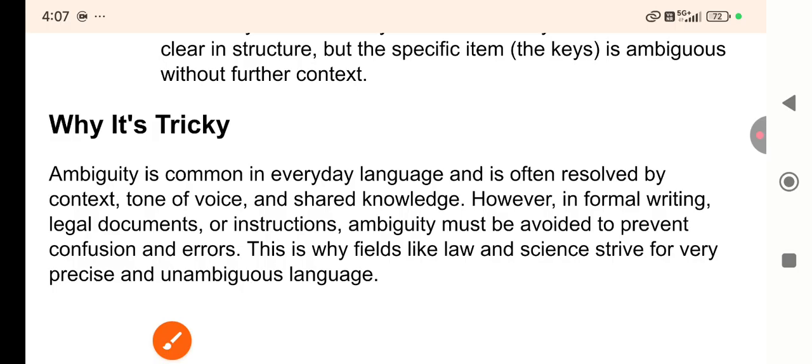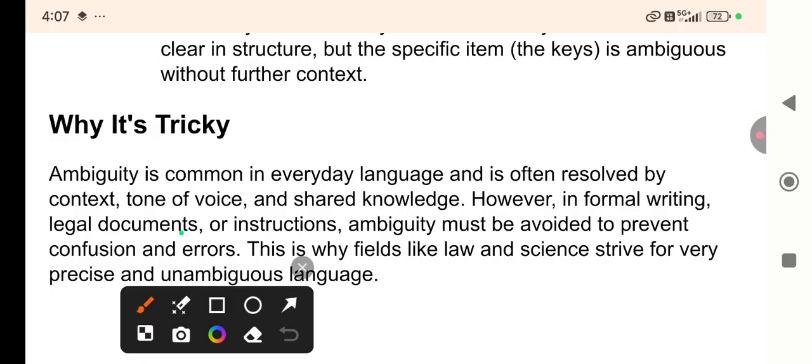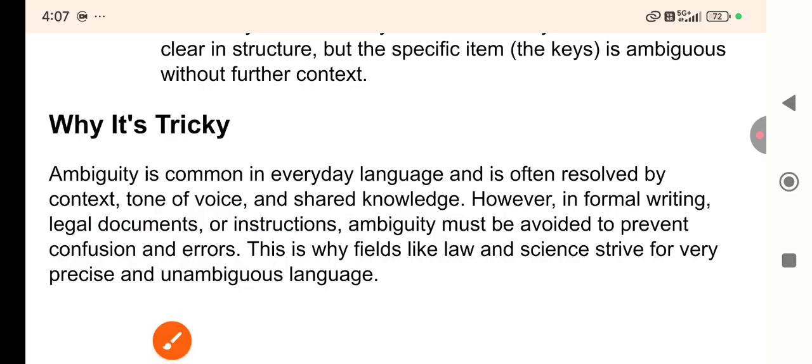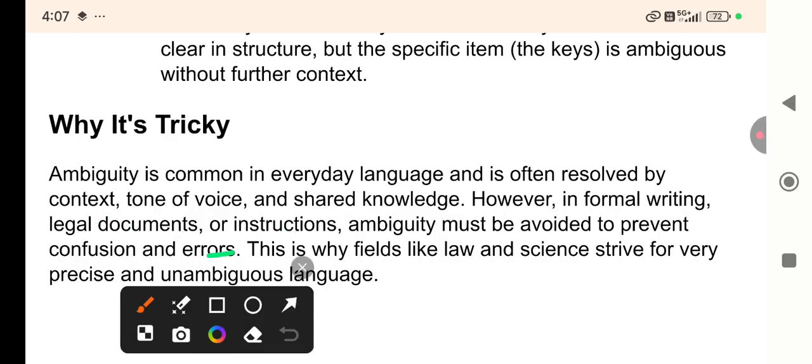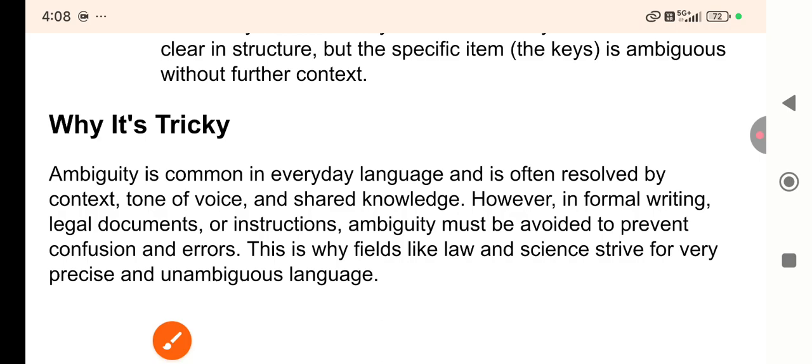However, in formal writing, legal documents, instructions, right? Ambiguity must be avoided, for medical and all, to prevent confusion and errors. Because in medical, in cosmetics, in law, if there is confusion, then it will affect the customer, or one word or one misinterpretation may cause lots of problems, right?